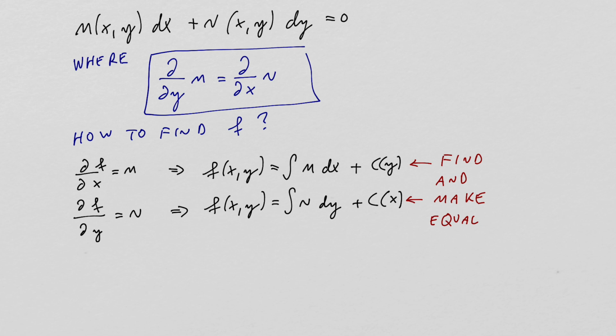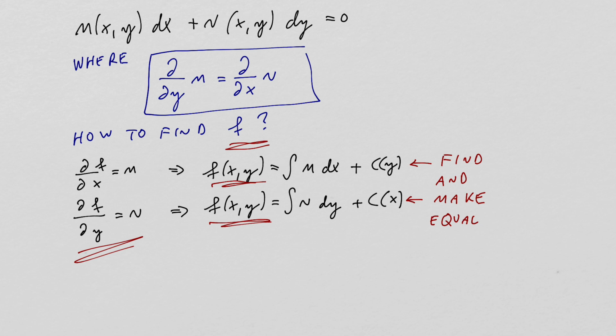Well, if we have the equation and we find that it satisfies the criterion, it means it is an exact differential equation, then how can we find the function f? Well, we should take the thing what we want. We want that m is the partial derivative of f in this way. And now if we integrate this on both sides, we would get an expression for f. In the same way, from the equation of n, we would get an expression for f.